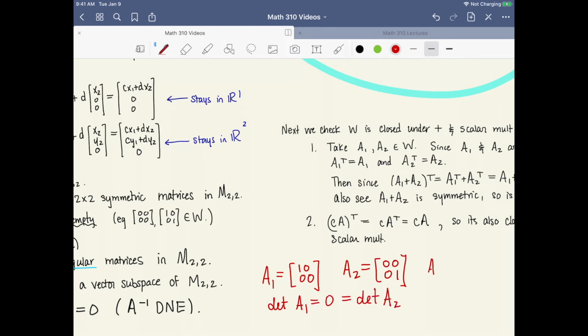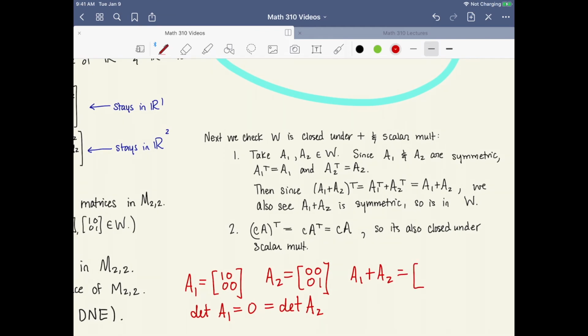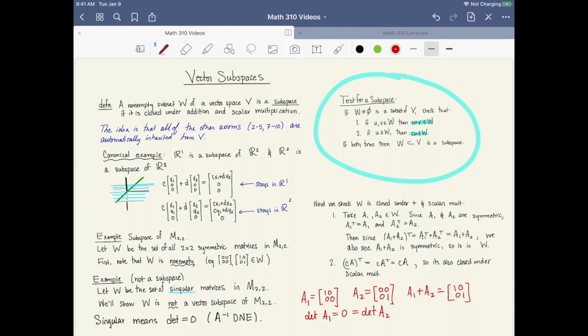But when you add them together, you get the identity matrix, which has determinant 1 and is non-singular. The problem here is that we can add two matrices from this set together and go outside of the set. So it's not closed under vector addition. And so singular matrices do not make a subspace of the 2 by 2 matrices.